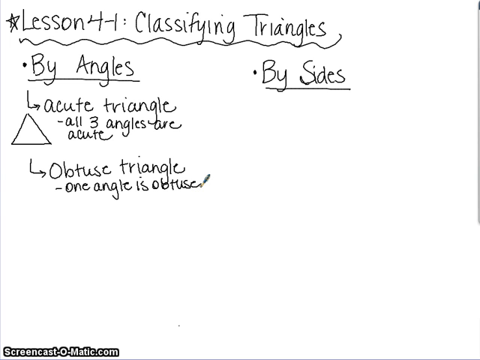Okay? So if one of the angles is obtuse, that would mean that the other angles would have to be acute. So like this one right here that I put the little dot in, that one would be the obtuse angle.